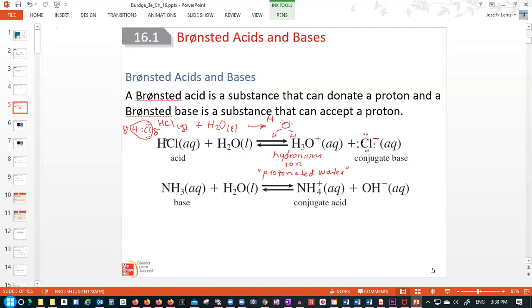So chlorine keeps the electron, receives the negative charge. The naked hydrogen is adopted by the oxygen here, forming the hydronium ion, or protonated water. So that's the process. According to Bronsted-Lowry, we call this, remember, we bubble this into water. And that transfer occurs only on water.